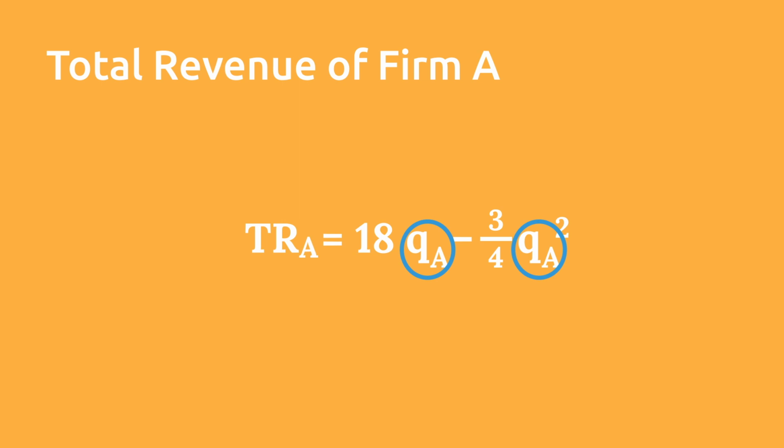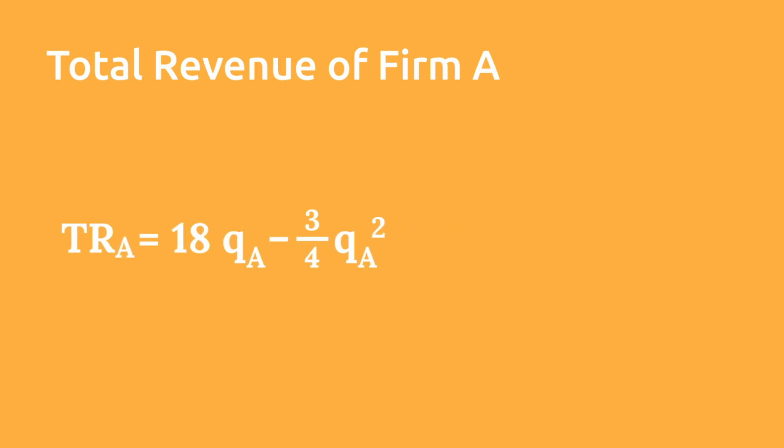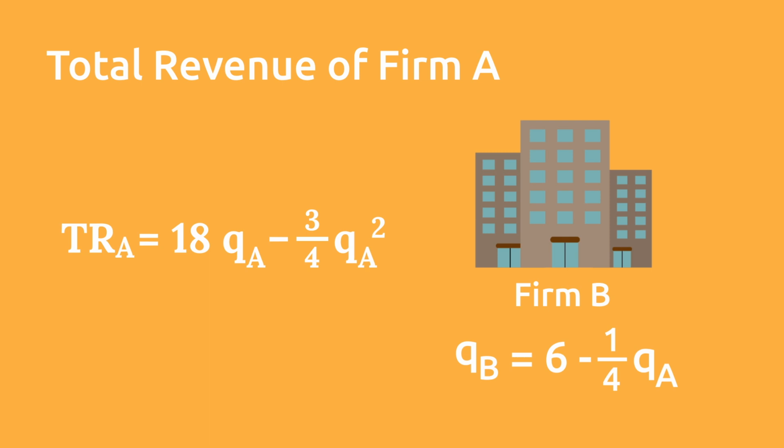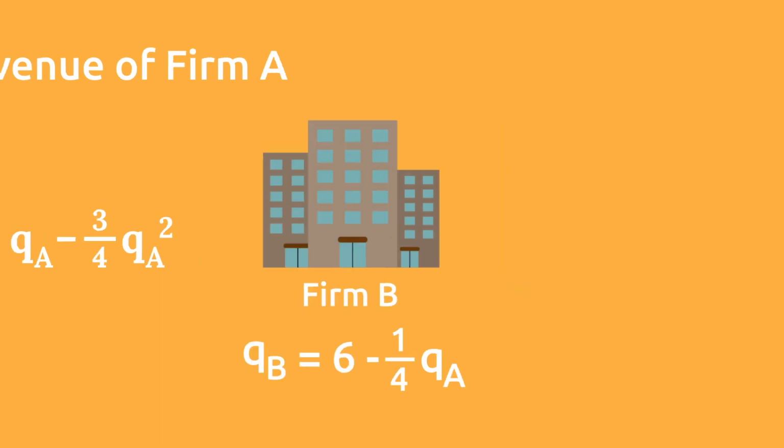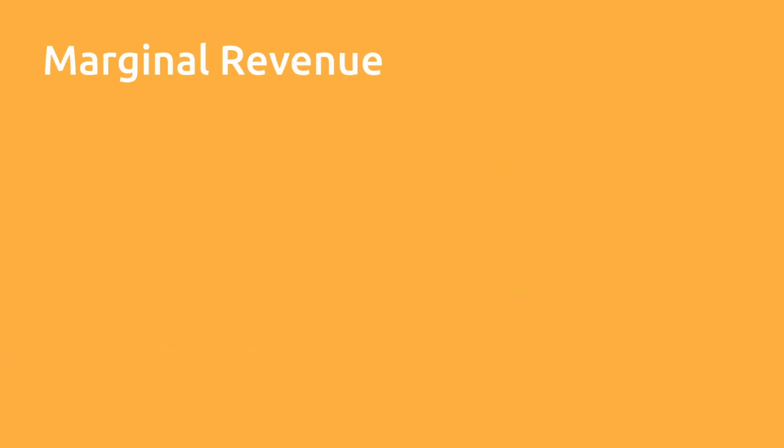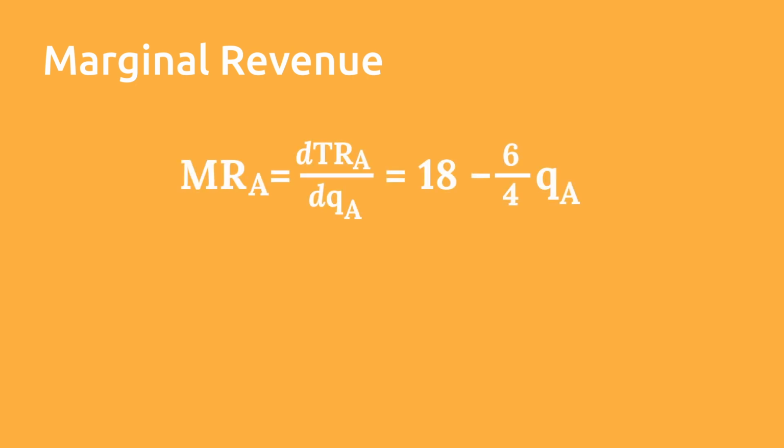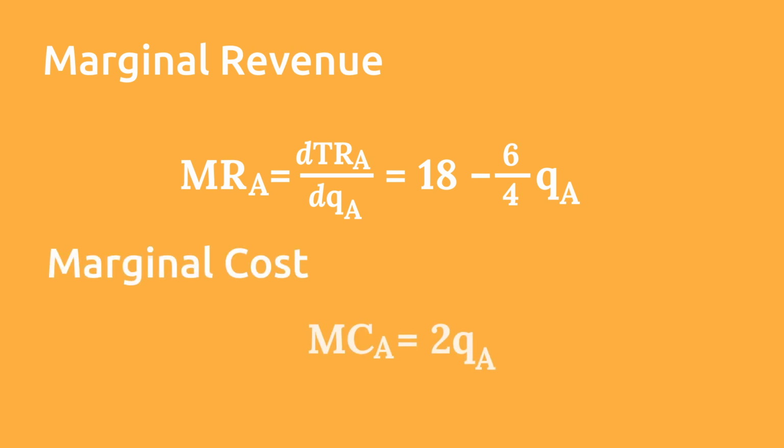Instead of an unknown quantity of output chosen by the competitor, the leader can anticipate QB by the best response function of the follower. We get the marginal revenue by differentiating the TR with respect to QA. MRA equals dTRA over dQA equals 18 minus 6/4 times QA. Assuming the same cost functions, the leader's marginal cost is MCA equals 2 times QA.